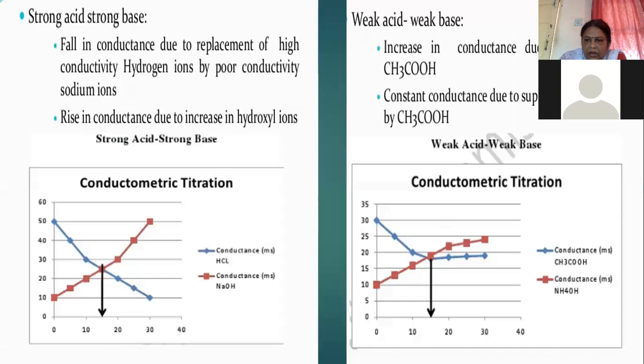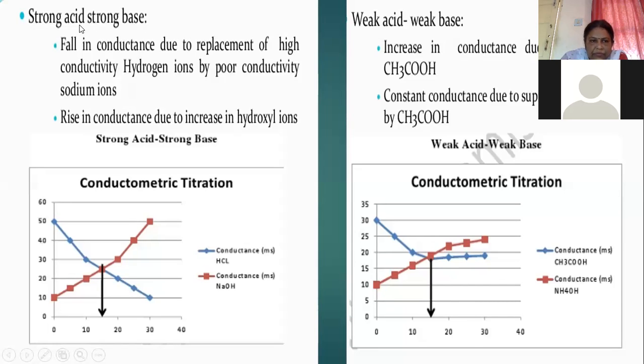Now what happens when we do the conductometric titration? The procedure is that you take a fixed amount of acid into a beaker. For example, if we consider this kind of titration, let us titrate a strong acid against a strong base.